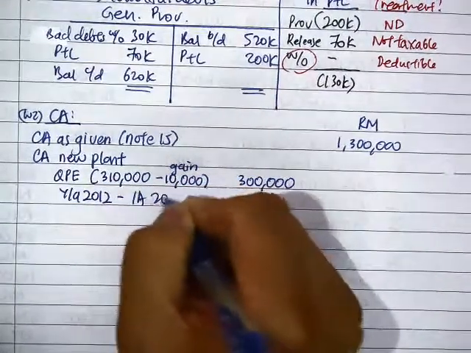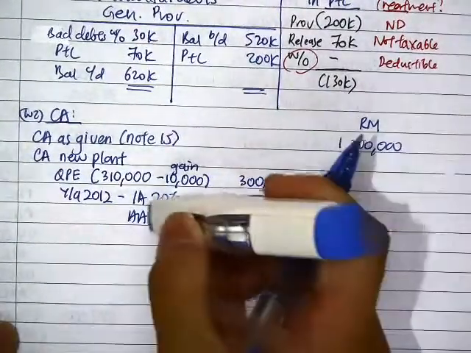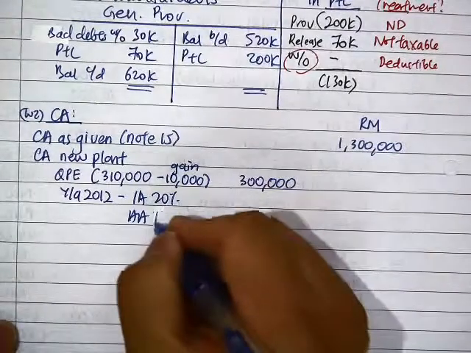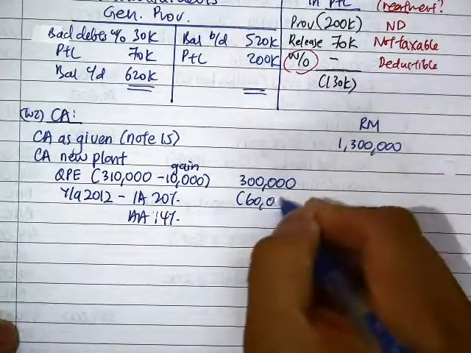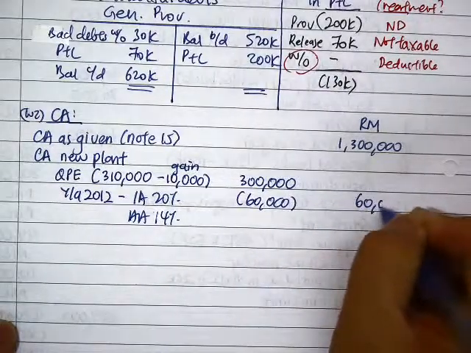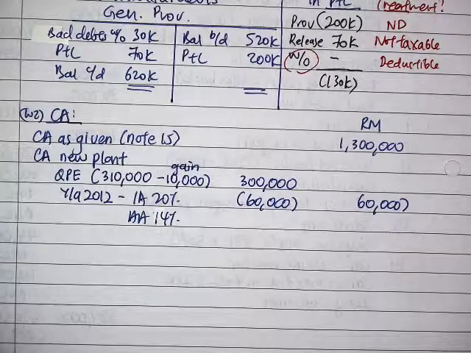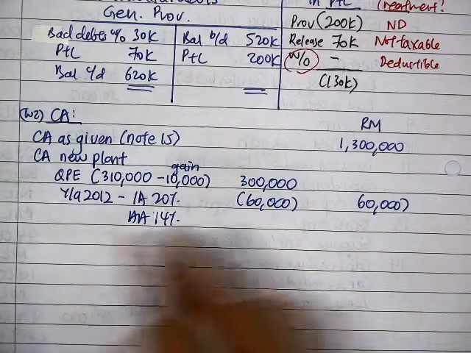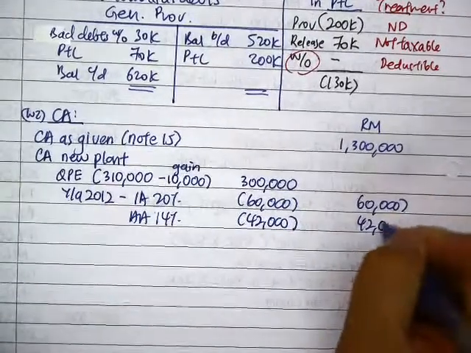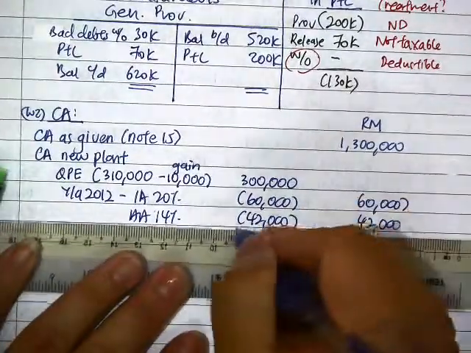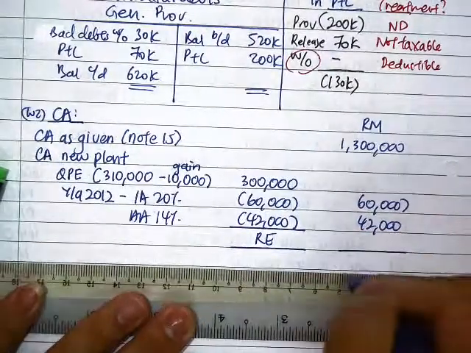So IA 20, AA is a plant, so we take 14%, 60, 42. That's your remainder, okay? You just calculate that one.